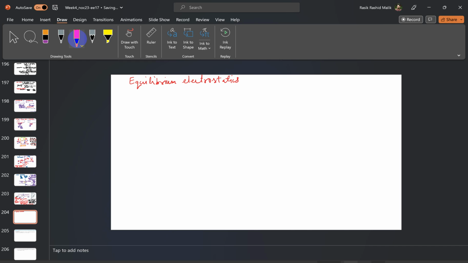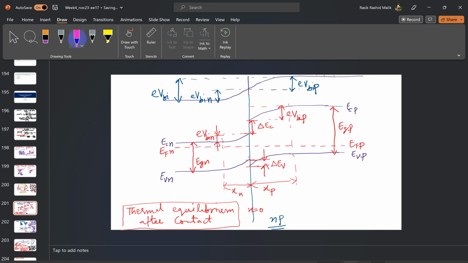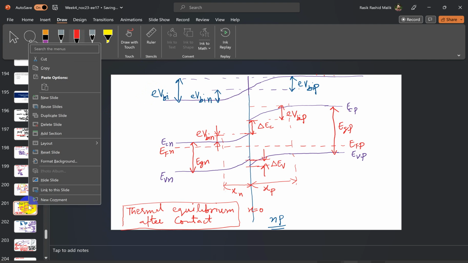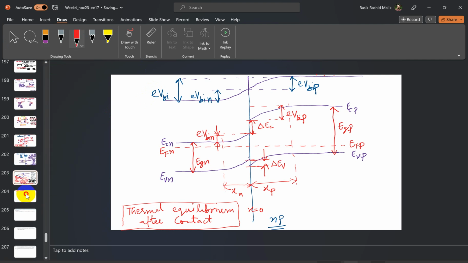And we will do it for the heterojunction that we have already considered in the previous case, the one drawn here, the N and P type heterojunction. So ideally I'll just move this slide, or I'll copy this slide over here.